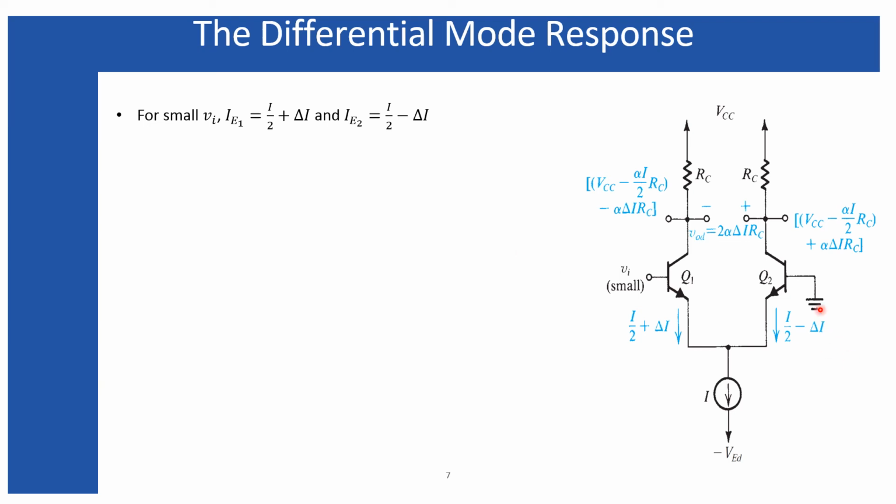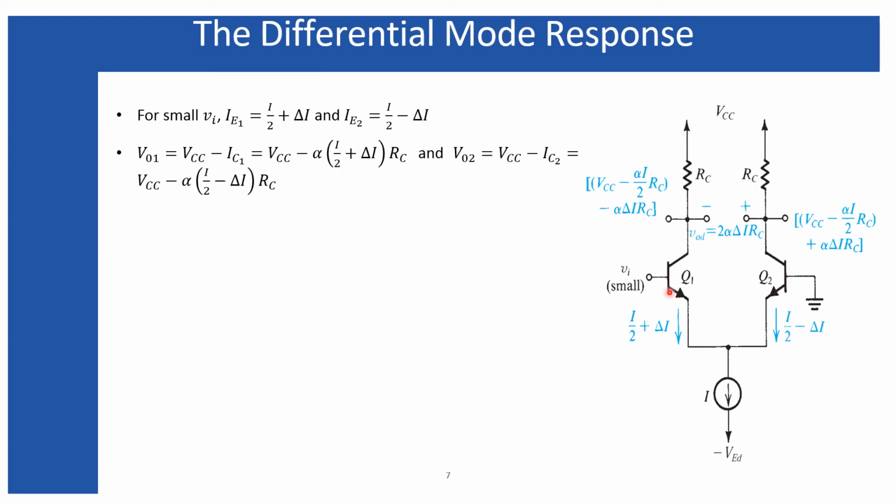Similarly, since the opposite voltage is applied as input for the transistor Q2, the same incremental current gets subtracted from the biasing current I by 2, and that resulting current will appear as the emitter current of the transistor Q2. As a result, the output voltage for the transistor Q1 will be VCC minus IC1, where IC1 is alpha times IE1, and IE1 is I divided by 2 plus the incremental change delta I, times RC.